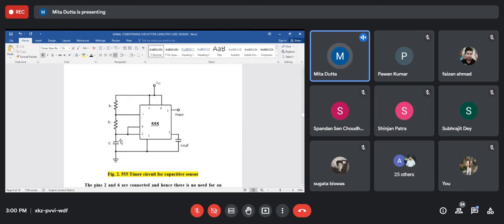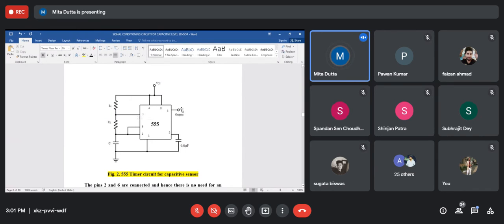This astable multivibrator works on the principle of charging and discharging a capacitor. Pin 7 is known as the discharge pin because when the capacitor discharges, it discharges through this pin 7, and pin 3 is the output pin.